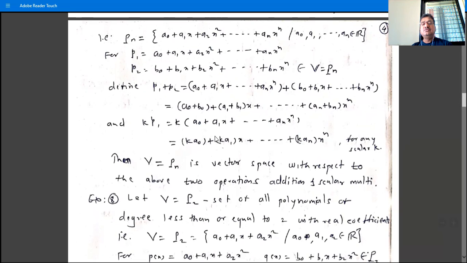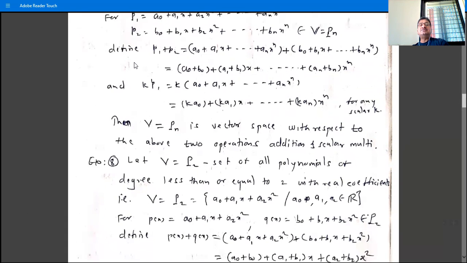This is again the usual multiplication of a number and a polynomial. So under these two operations, addition and scalar multiplication, Pn is a vector space.